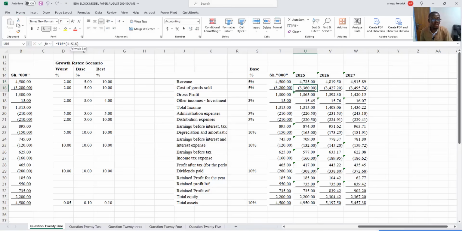I lock this F4. Just see the magic, how our work will be very fast. We lock F4, clicking F4.